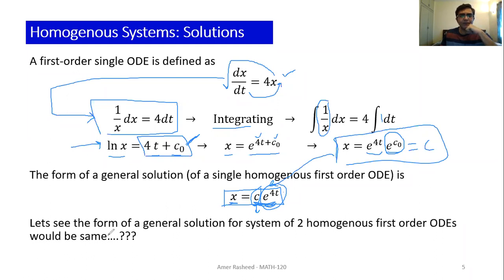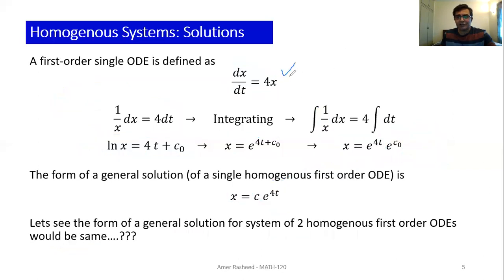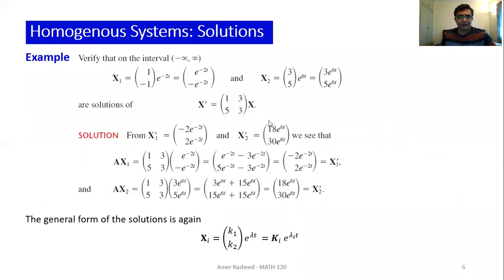Now, let's see what the form of the general solution for a system of two homogeneous first order ODEs would be. The form of the solution is the same. If we have a single differential equation, the form of the solution is a constant times an exponential term. Now, let's look at the system of two differential equations.